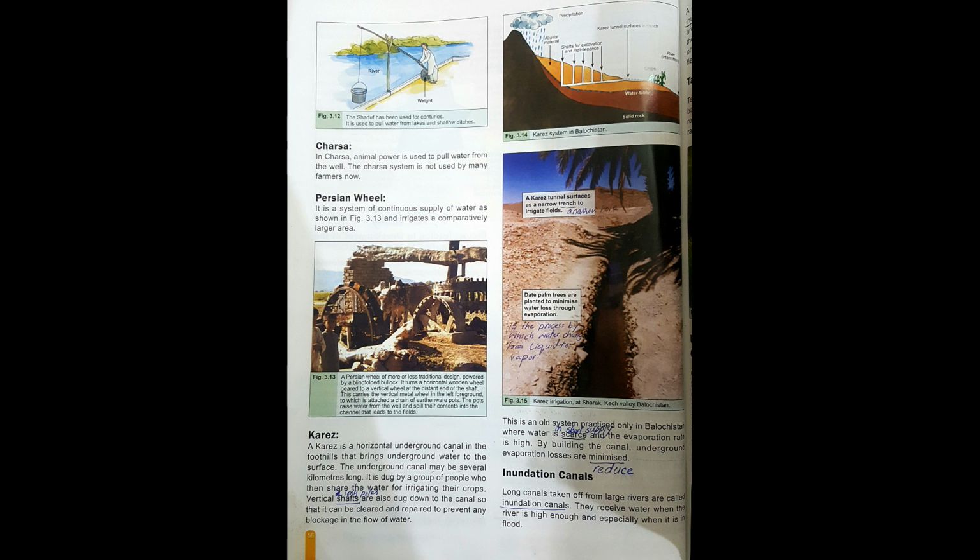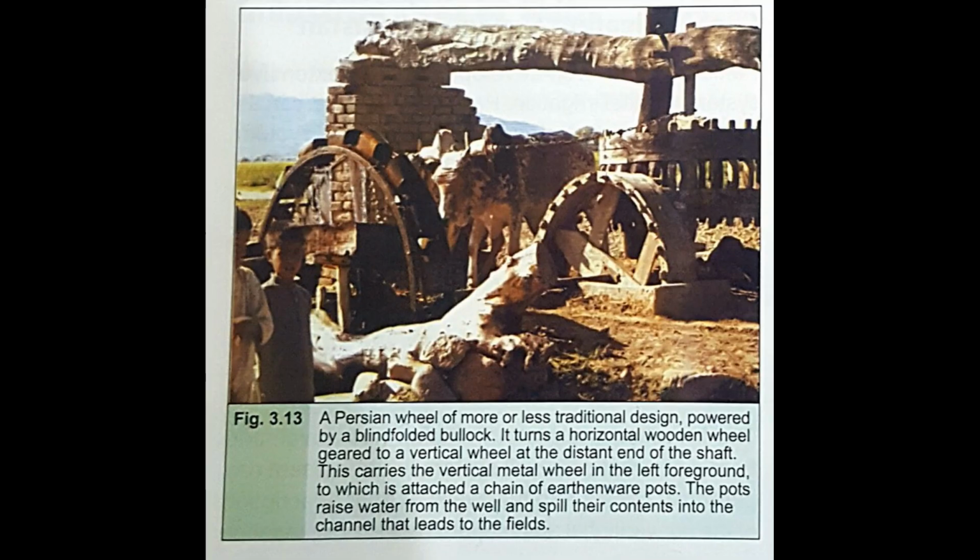Next is the Persian wheel. It is a system of continuous supply of water, as shown in figure 3.13, and irrigates a comparatively larger area. As you can see from the picture, this is a Persian wheel of more or less traditional design powered by a blindfolded bullock.